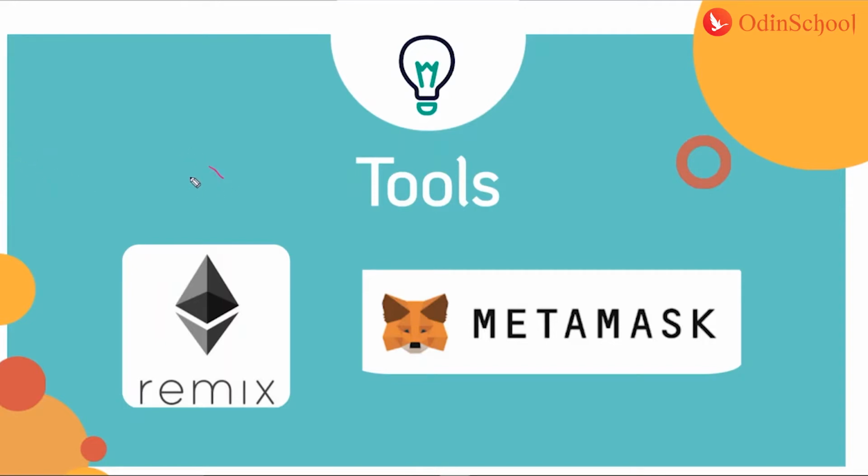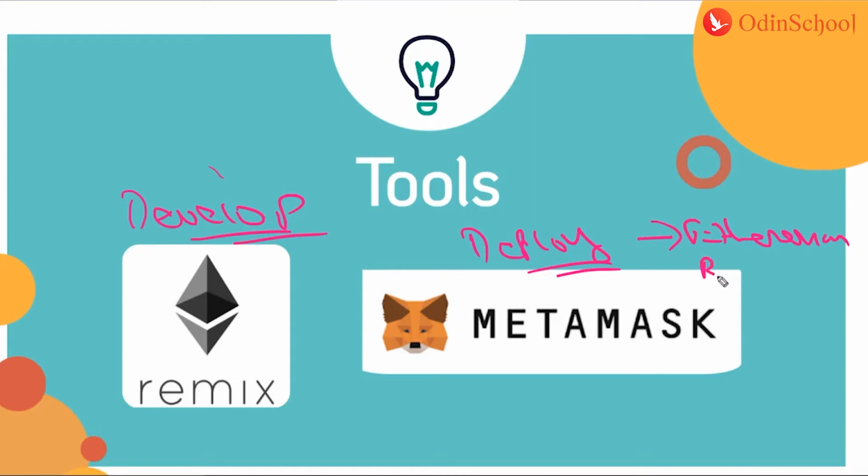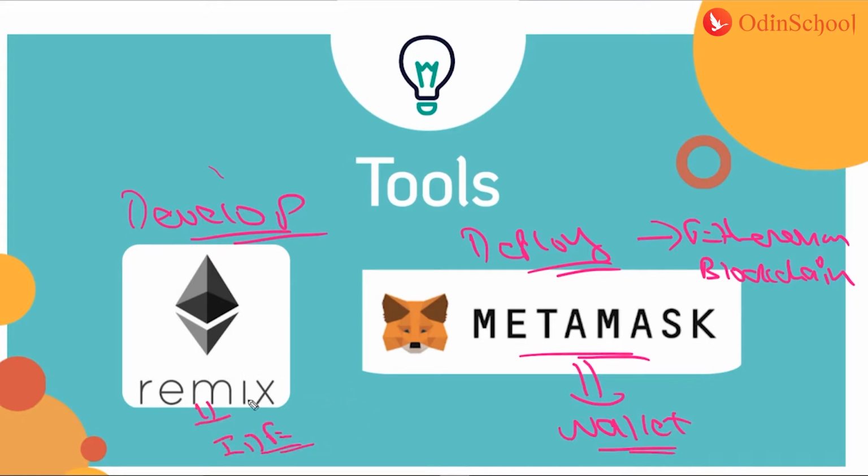Remix is a place where we are going to develop the code, and MetaMask is going to deploy the code into your Ethereum blockchain. This is the main purpose of MetaMask, and it is like a wallet, whereas Remix is your IDE, an integrated development environment where you are going to develop the code.